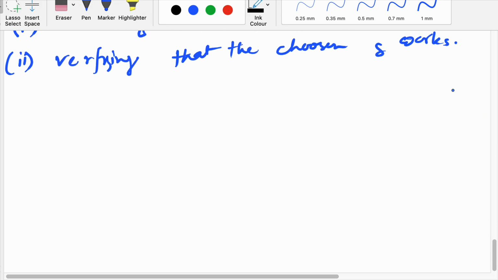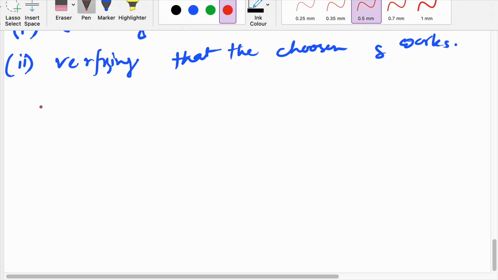So let's see an example of the sensitive dependence on initial conditions.